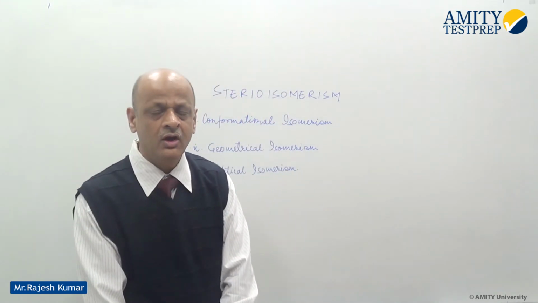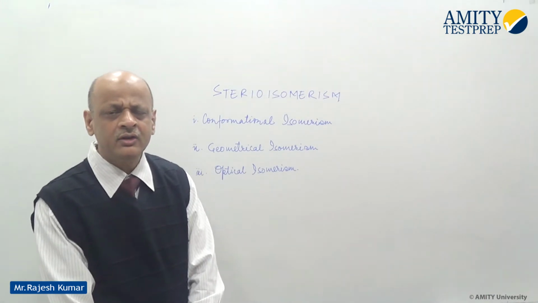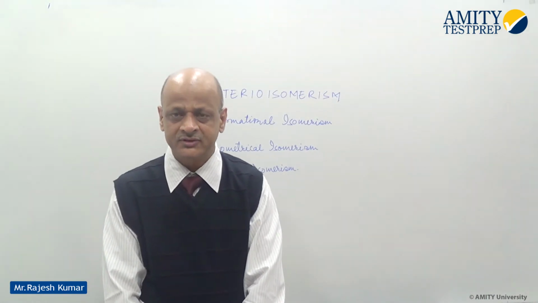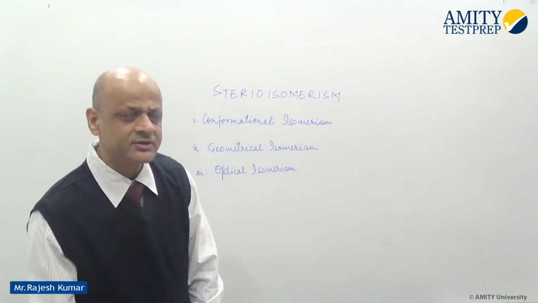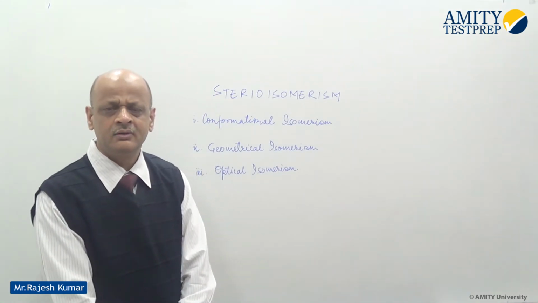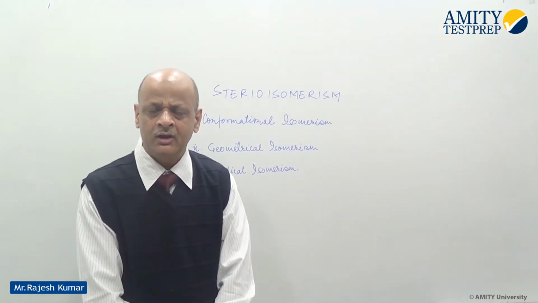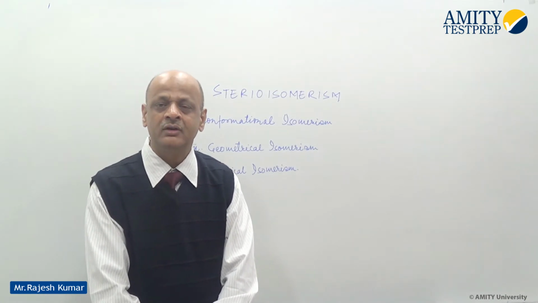First, conformational isomerism. It is also called rotational isomerism. This type of isomerism is observed in molecules having a single bond, that is, a sigma bond.